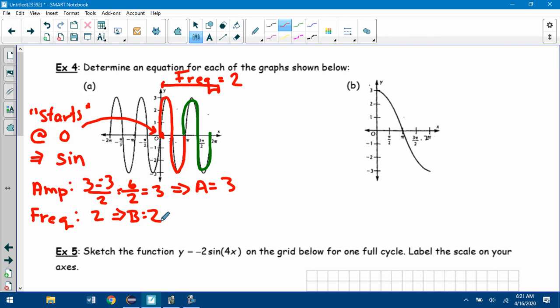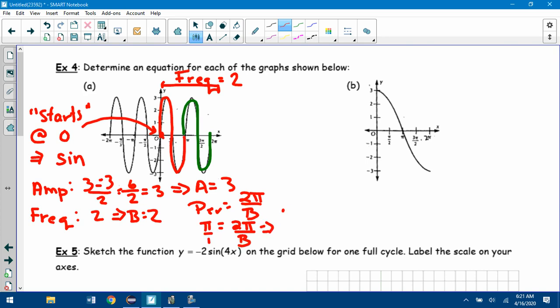Now another way to find frequency would be to use period. The length of one cycle, remember period is 2 pi over b. The length of one cycle is pi. So the period here is pi. So if I say pi equals 2 pi over b, I can cross multiply.